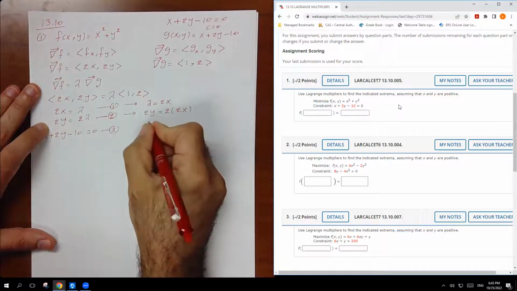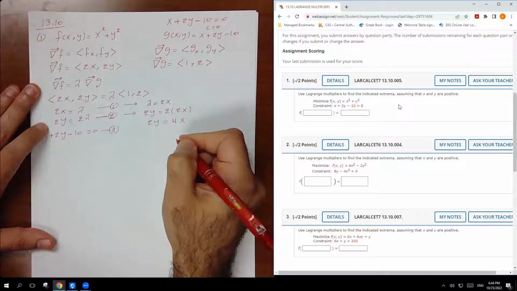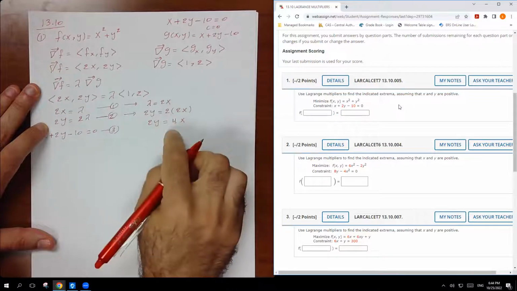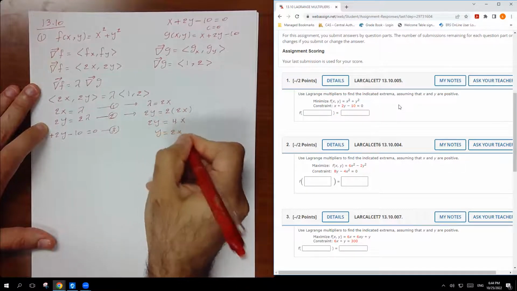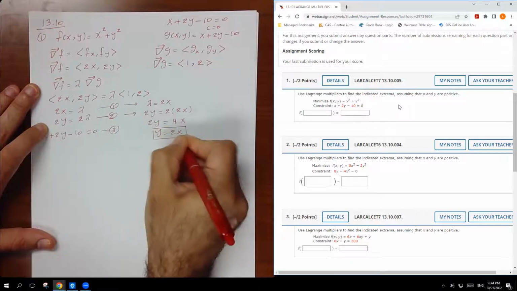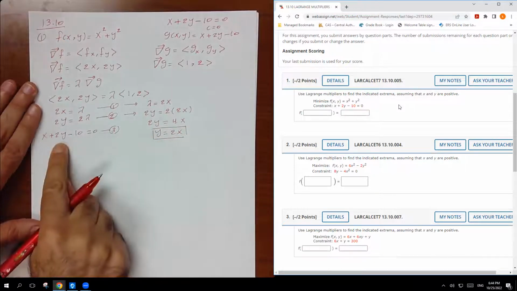That means 2y is going to be equal to 4x. So in this case, divide both sides by 2. That means y is going to be equal to 2x. So here is the value of y. I'm going to plug in the value of y here.